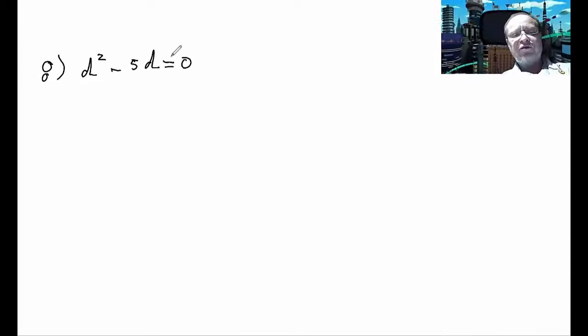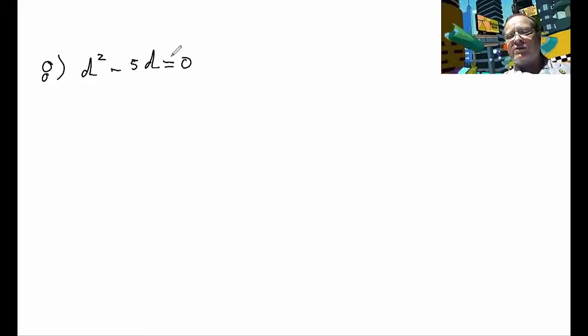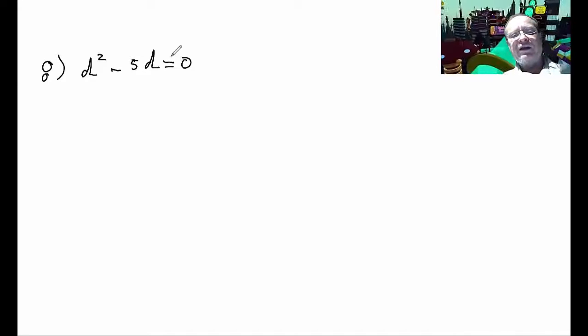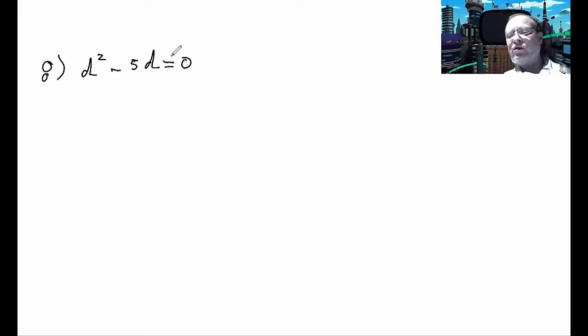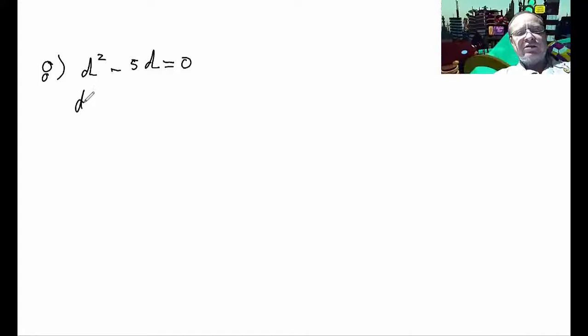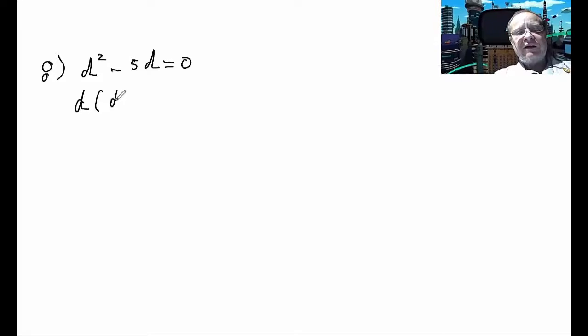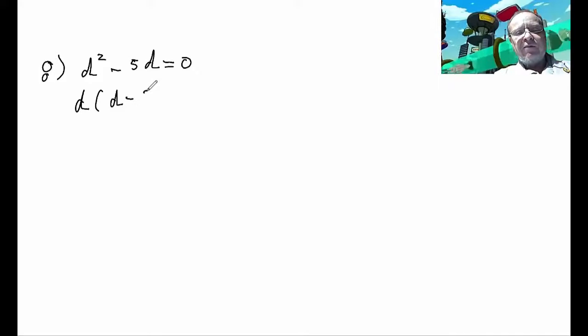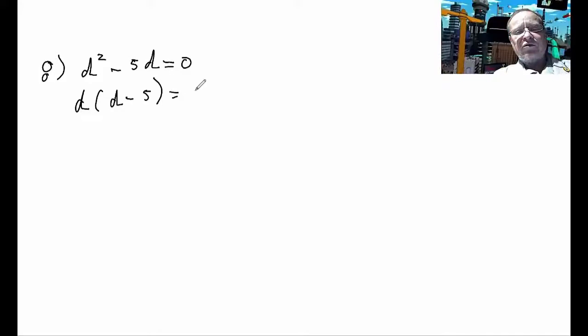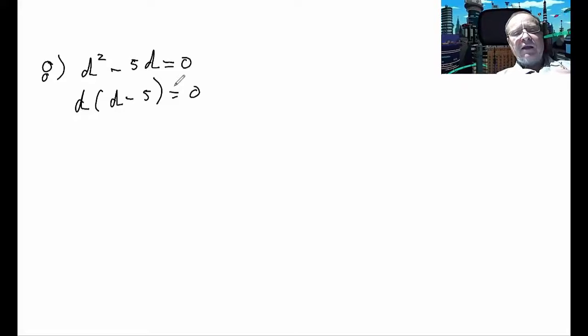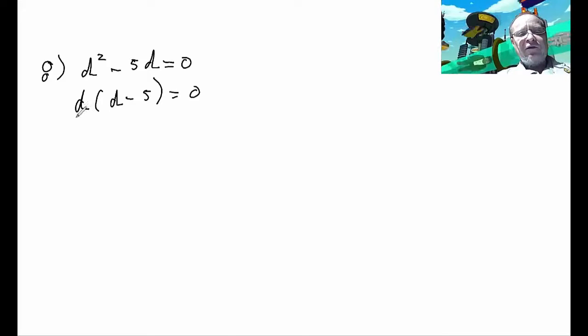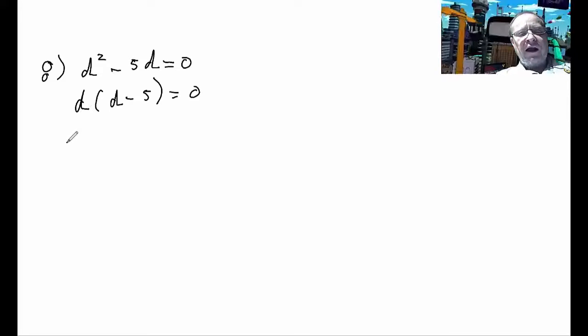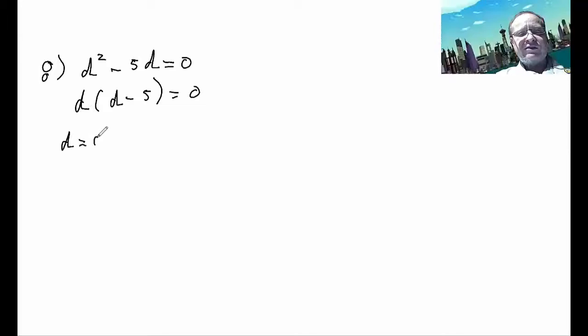Well, here we actually do have it in standard form because we have everything equal to 0. So we can use that little trick of just factoring out the d. So I'll factor out the d and I'll get d times d minus 5 is equal to 0. And then the first factor I have is d is equal to 0. Well, that's already done for me now.